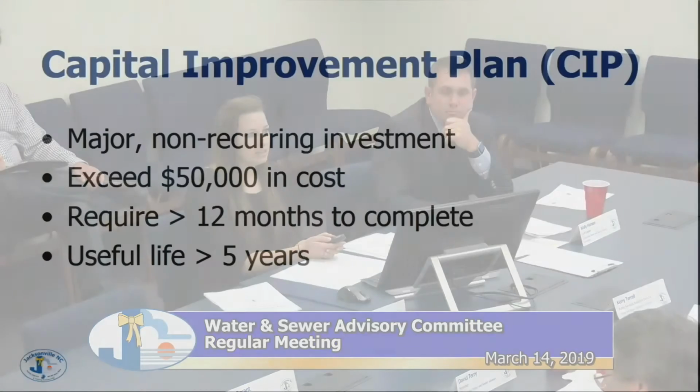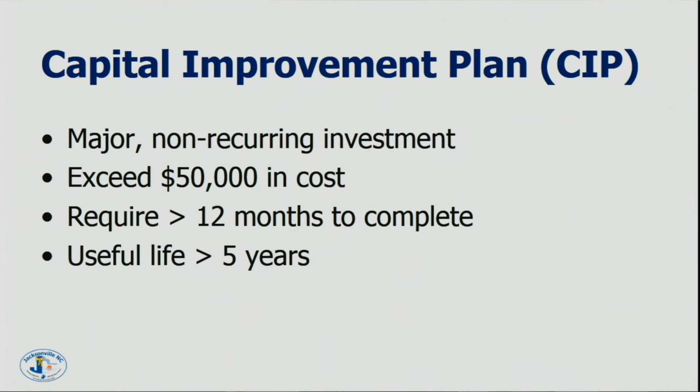All right, so tonight's discussion, we're going to give an overview of the CIP. We will give you an update on where we are with the timeline. We will discuss briefly the FY20 projects, and then we will get into detail on FY21 through FY29 projects. So our capital improvement plan, these are the requirements we have: the cost must exceed $50,000, it must take 12 months to complete, and have a useful life of 5 years.